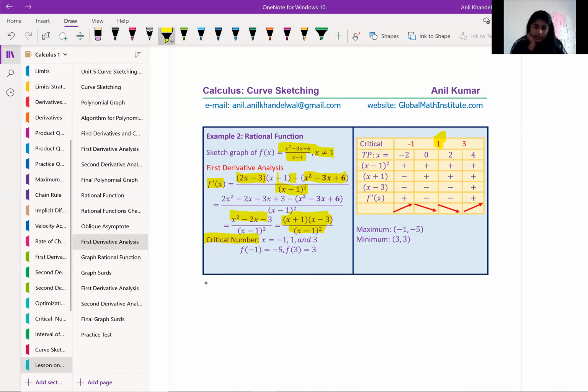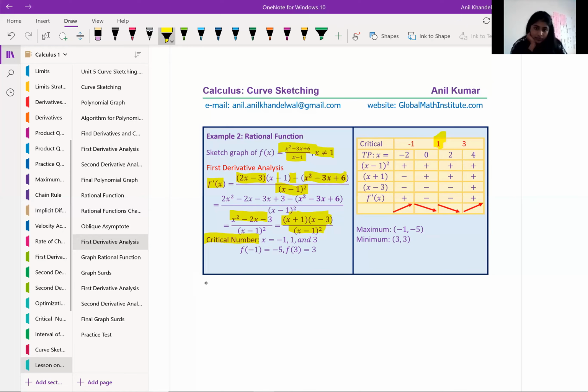Only. So when we talk about a stationary point, we are not talking about the condition that the first derivative is undefined or does not exist. Is it clear? But whenever we are talking about rational functions, the critical number will include a point where the derivative does not exist. Is it okay?